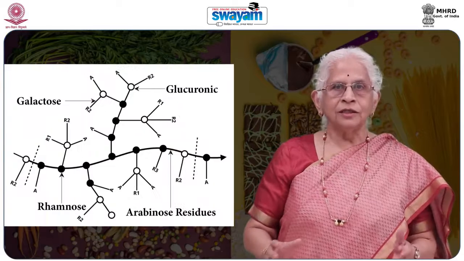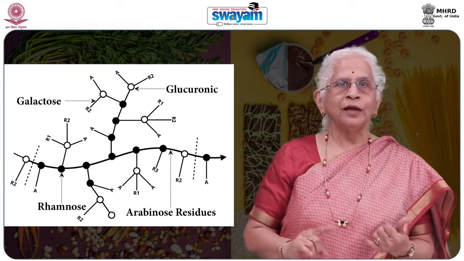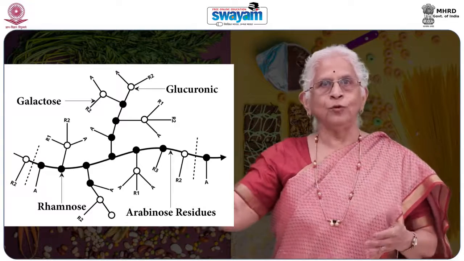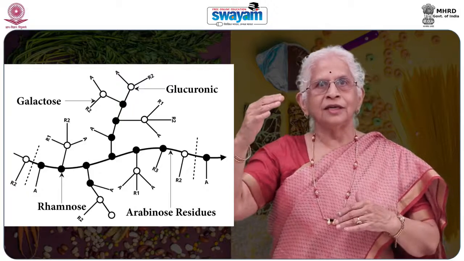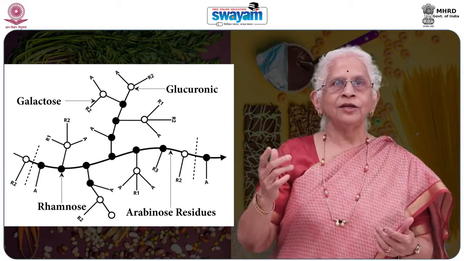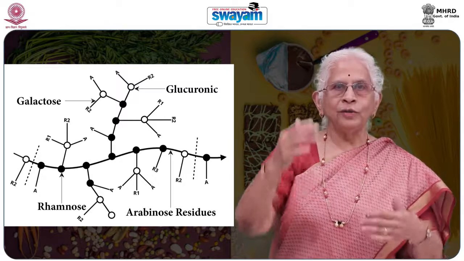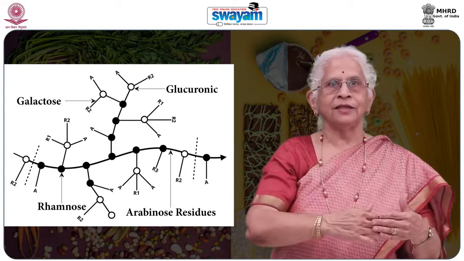The main structure consists of 1,3 beta-D-galactopyranosyl units as a backbone. There are side chains which are composed of 2 to 5 1,3 linked beta-D-galactopyranosyl units which are joined to the main chain by 1,6 linkages.